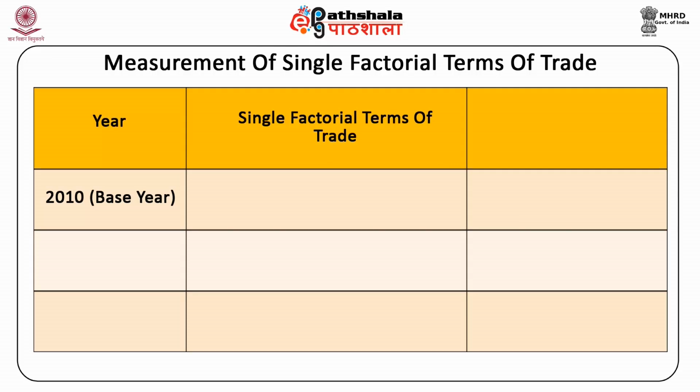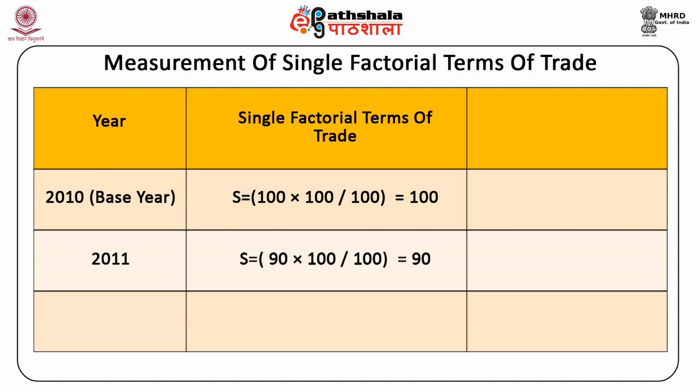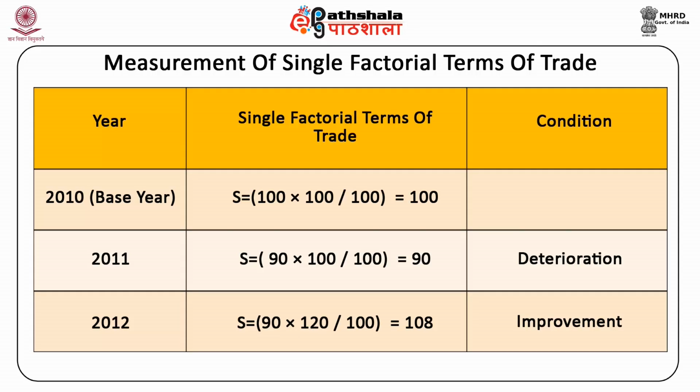The single factorial terms of trade for the year 2010 will be 100 divided by 100 multiplied by 100, which equals 100. For the year 2011, it is 90 divided by 100 multiplied by 100, which equals 90. And similarly, it is calculated for the year 2012.